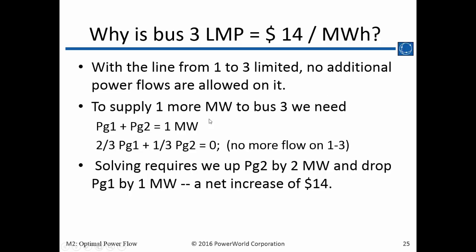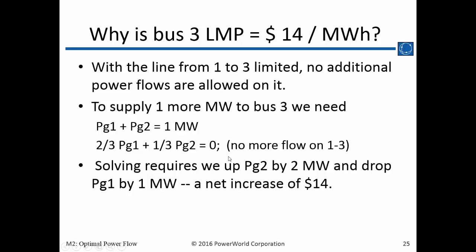And if we look at the sensitivity, we basically have two constraints in the linear program formulation. To get 1 more megawatt to bus 3, the total change in generation has to equal 1 megawatt. Again, it's a lossless system. So the change in output from generator 1 and the change in output from generator 2 has to equal 1 megawatt.